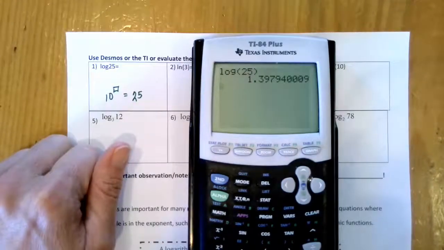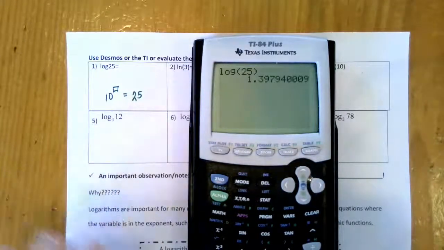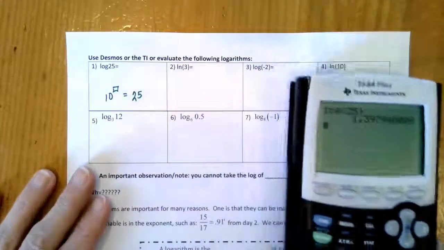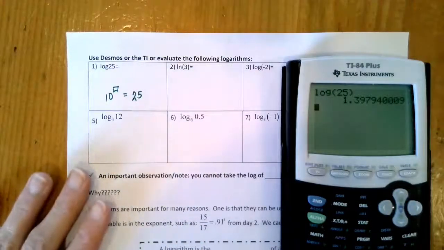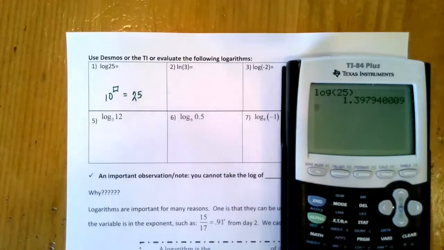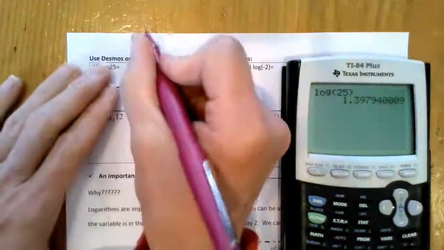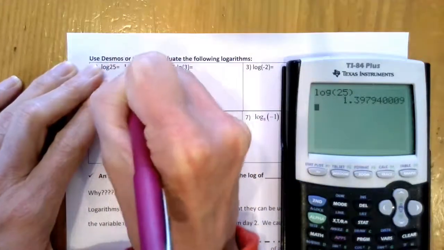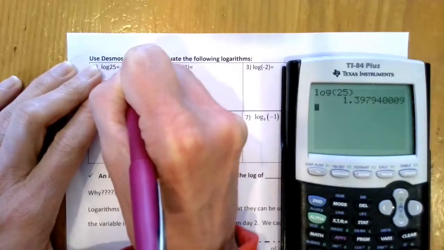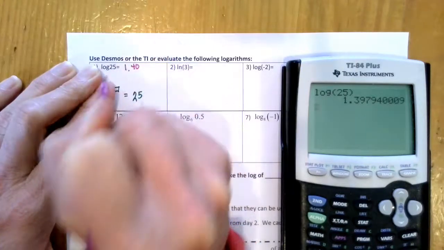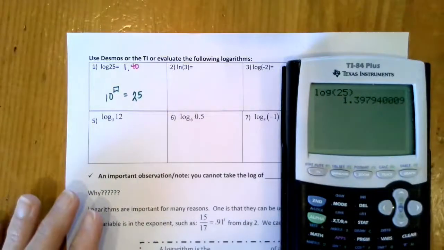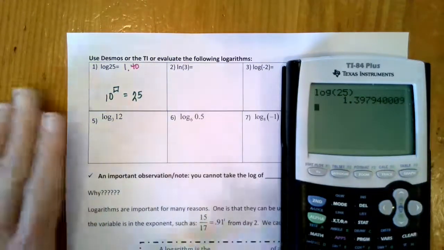It's going to give me that crazy answer, 1.3 and so on. For our purposes, we're always going to round to the nearest hundredth. So we're going to have 1.39794, which rounds up to 1.40.